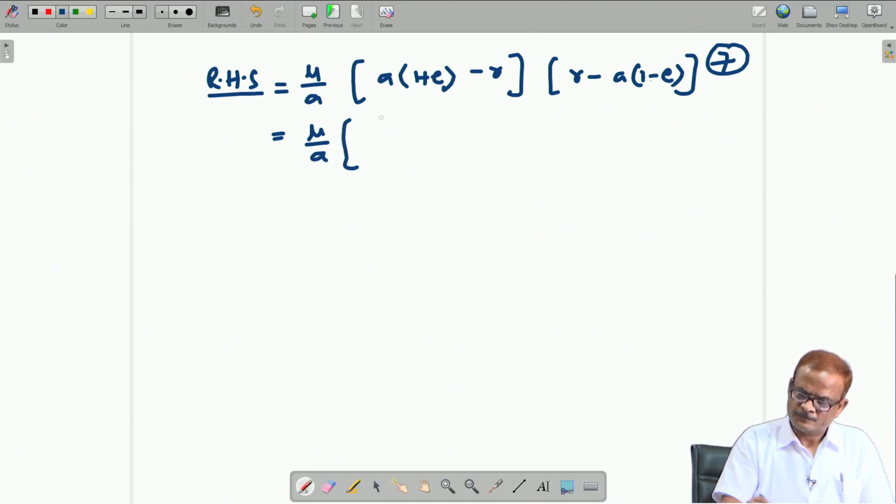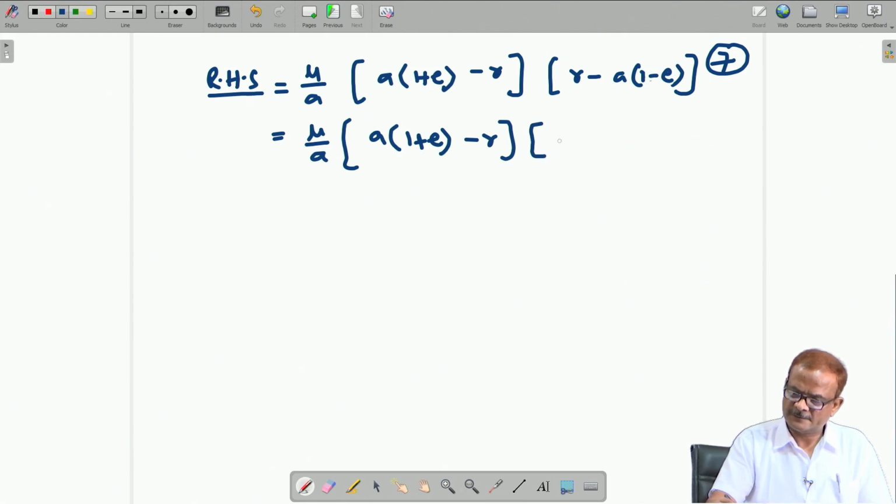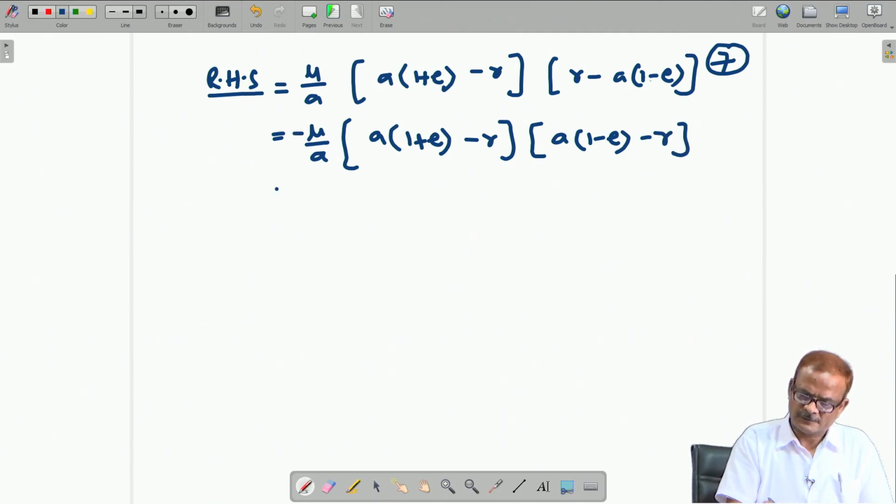Expand it. So, we will reorganize it, 1 plus e minus r, so that we can multiply it in a better way, a times 1 minus e minus r, and minus sign we will put here for the time being.